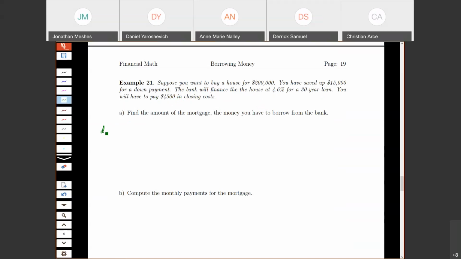So my down payment is going to be $15,000 minus the closing costs. Okay. So even though I've saved up $15,000, only $10,500 is actually going towards the house.